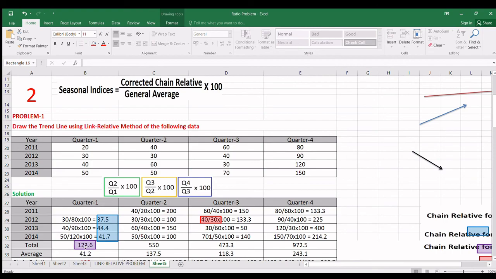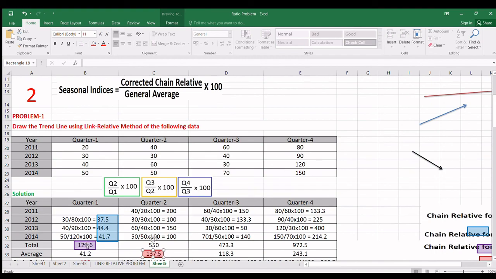So the sum of all these values of quarter 1 of 2012, 13, 14 is 123.6. The average is 41.2. How I calculate this: I add all these values and divide by 3, and I get this value.